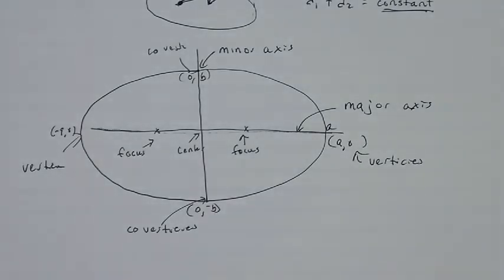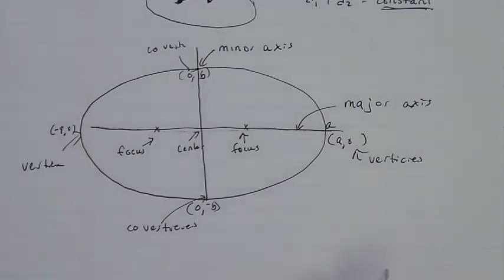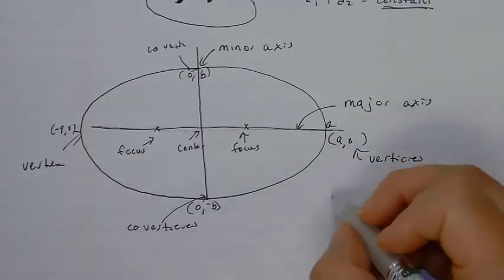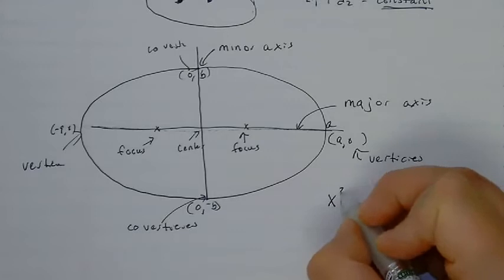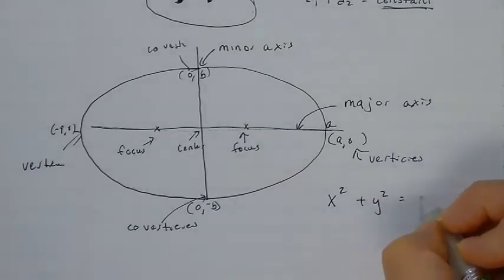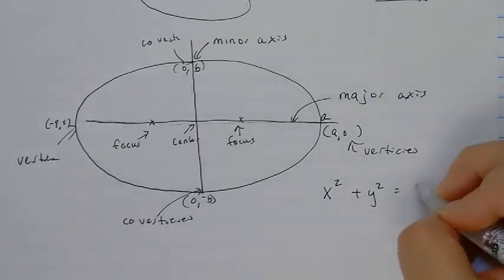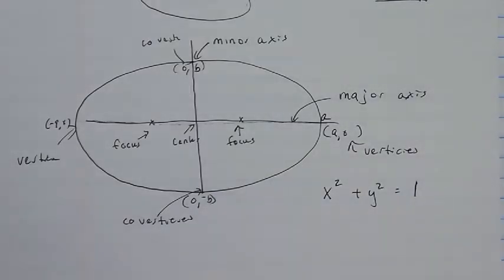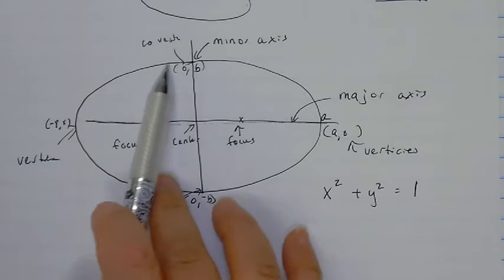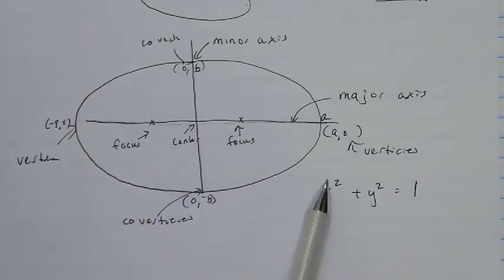So the formula for an ellipse is going to be different. We know that a circle was x squared plus y squared equals radius squared. But for an ellipse, this is always going to equal 1. But if you'll notice, the center isn't always 1, and it's because we have a fraction of the x value and a fraction of the y value.